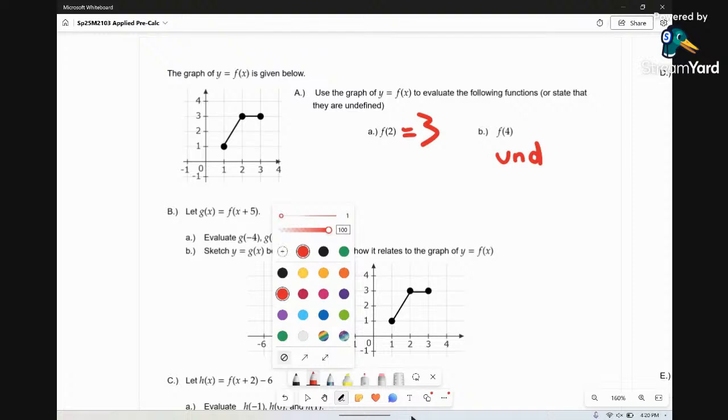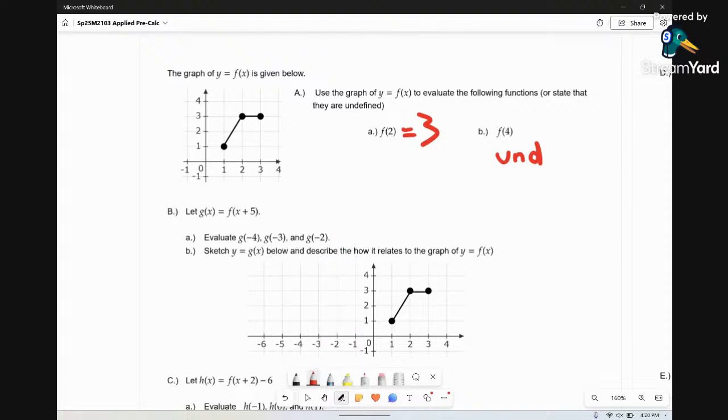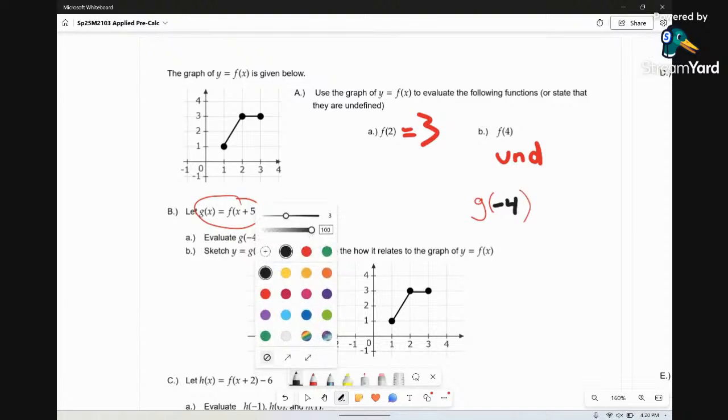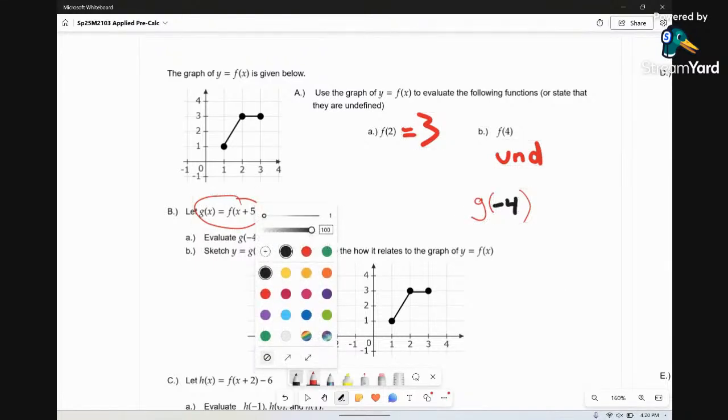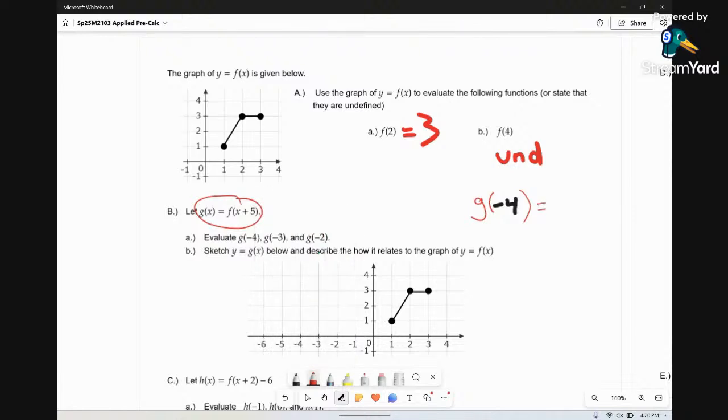Then let's carry on. Part B says let g of x equal f of x plus 5. So if we find g of -4, then we are simply saying this is f of -4 plus 5.